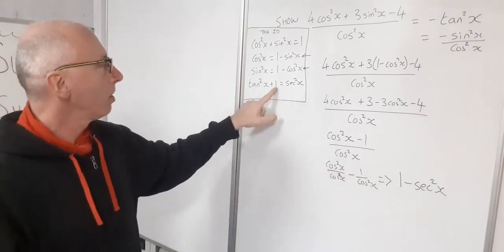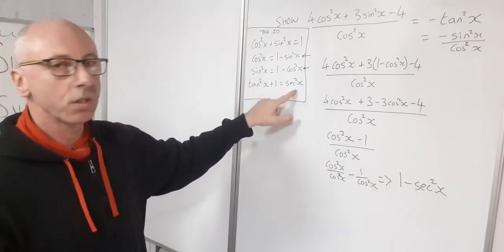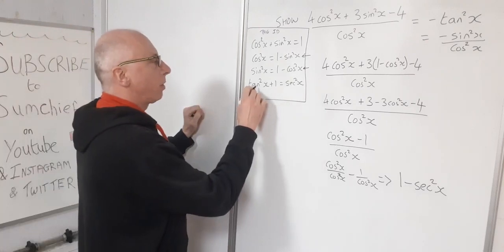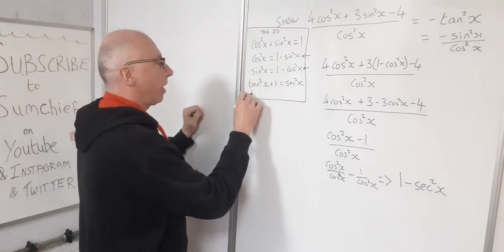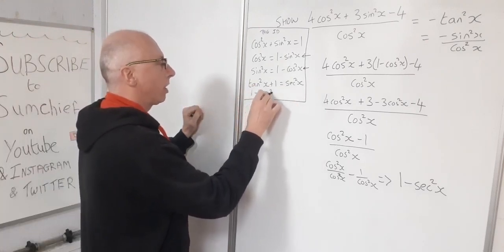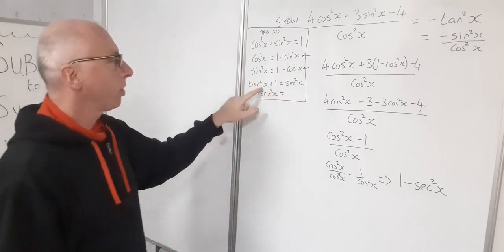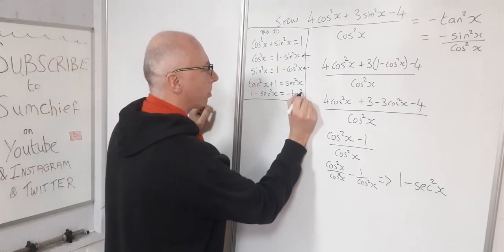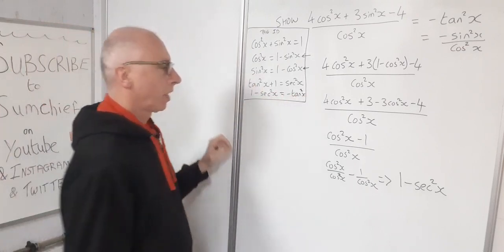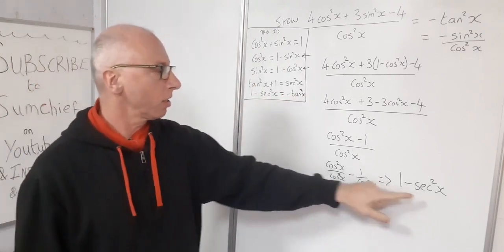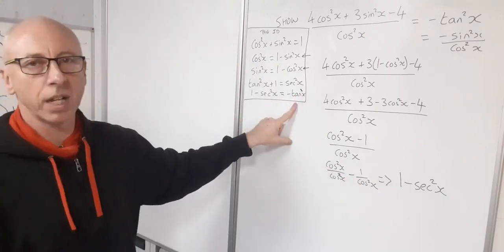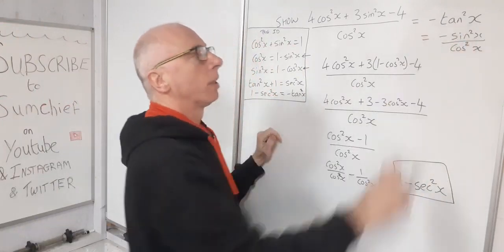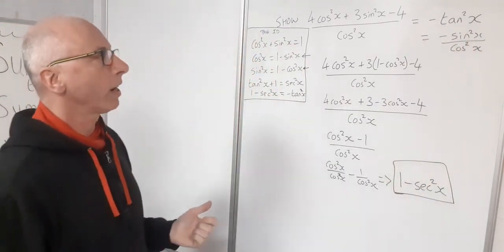So let's get this 1 with the secant squared x and get the tangent squared x on the other side. So if I bring this secant squared x on this side, I'll have 1 minus secant squared x, and move the tangent squared x onto this side, I'll have minus tangent squared x. So there we go, I've got 1 minus secant squared x equals minus tangent squared x, and that is equivalent to that. So that's the second way I can go.